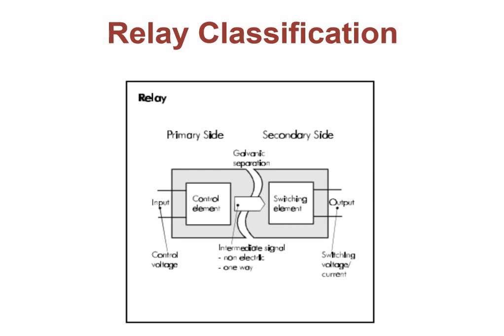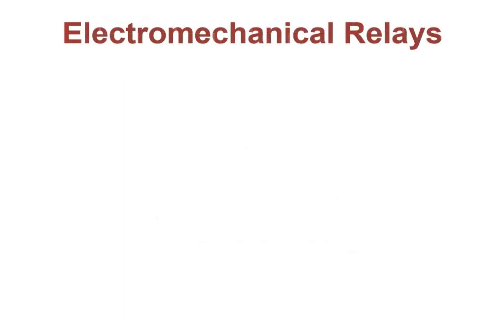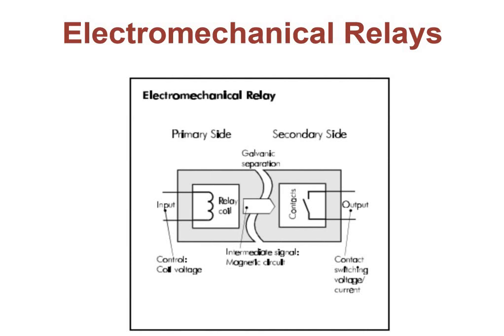According to the nature of the secondary switching element, the basic relay types are, first, the electromechanical relay. In electromechanical relays, the switching element is a mechanical contact. This is the most widely used type of relay design. Standard yoke type designs as well as reed relays and others are part of this group.